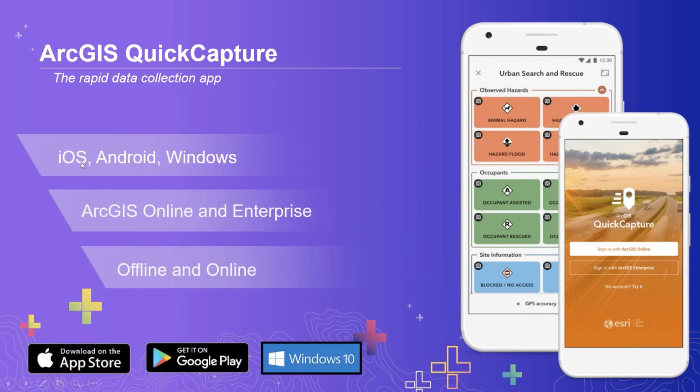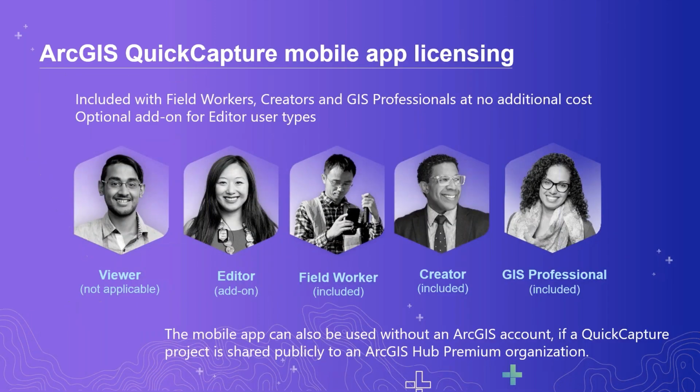This application is available on iOS, Android, as well as Windows, and it works against ArcGIS Online and ArcGIS Enterprise. It can be configured, as you can imagine, to work offline and online. From a licensing perspective, the good thing is that if you already have ArcGIS Online or ArcGIS Enterprise, you already have it. So you can use this application today at no extra cost.